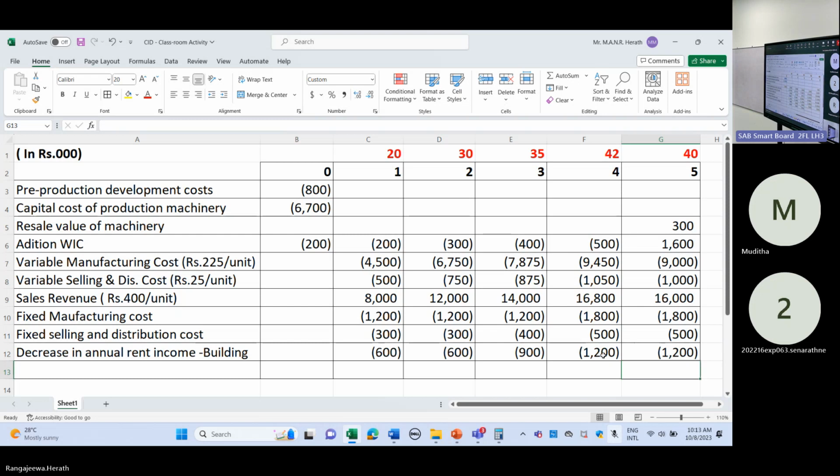In the third year, since production exceeds 30,000, now we are producing 35, so only 25,000 rent is received and 75,000 lost, 75 into 12 months, 900. When output exceeds 38, we have to use the full capacity of the building, so we no longer get the rent income we were earning. That is 100 into 12, 1,200. All these are opportunity costs.